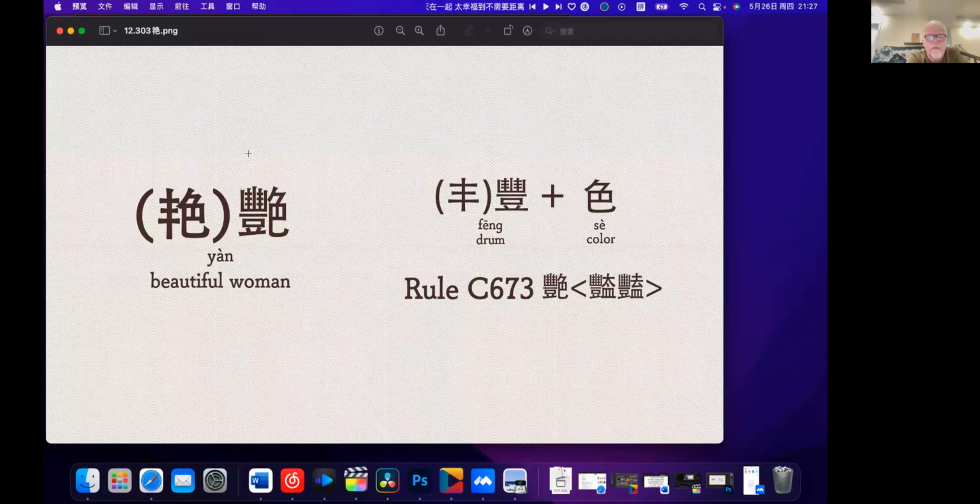It means the woman is abundant in some aspect that makes her beautiful. And on the right-hand side, we have a se, which means color. It also means sexuality. And it originally also referred to a beautiful woman, se. The word se often has sexual connotation, but the word yen just means beautiful. And so we have a feng and a se.